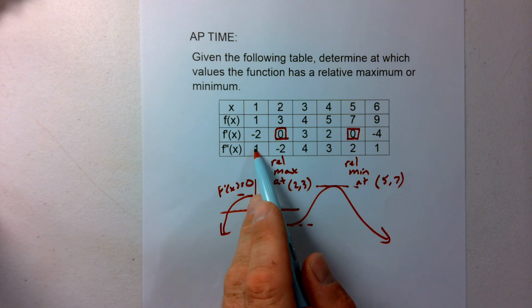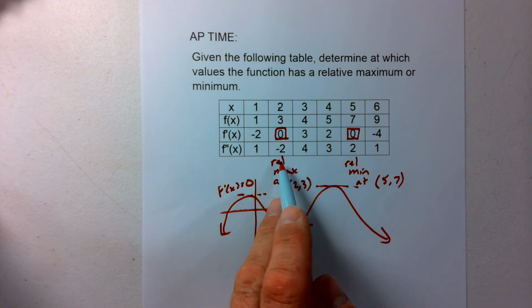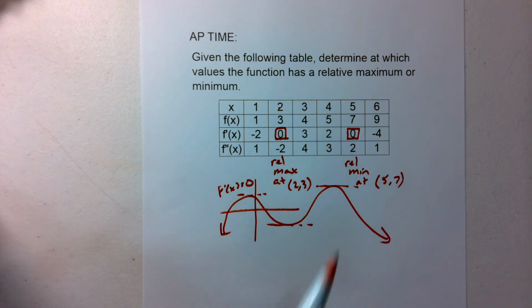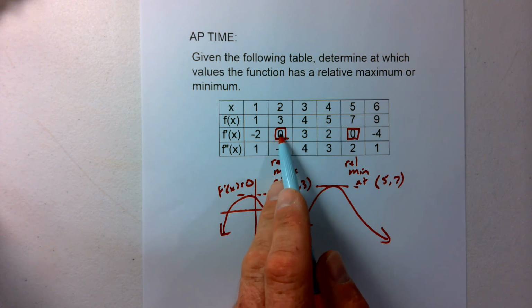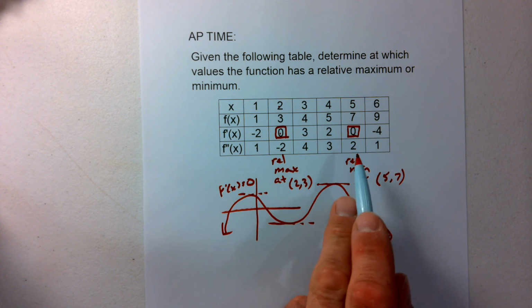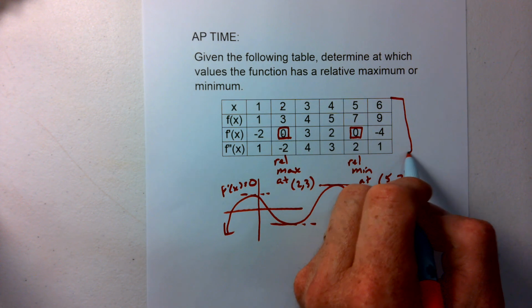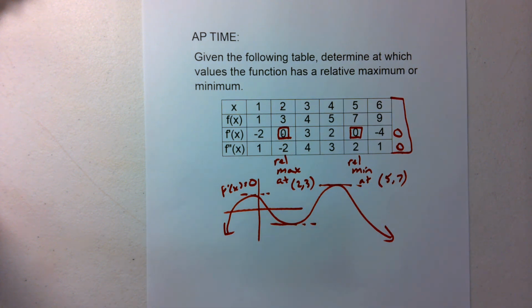So it doesn't matter that we don't have a change in concavity here necessarily, because we don't know what's happening between 1 and 2 and 2 and 3, recall from our table. But we do know from the second derivative test that if the first derivative is 0 and the second derivative is negative, it's a relative max. If it's positive, it's a relative min. If it were 0, then we wouldn't know what's happening there. We wouldn't have an idea of what's going on.